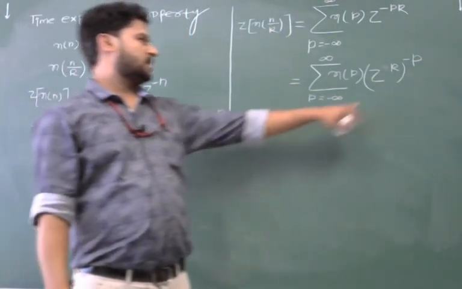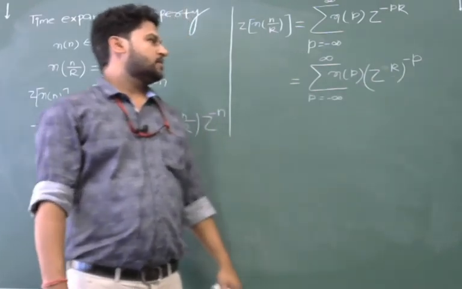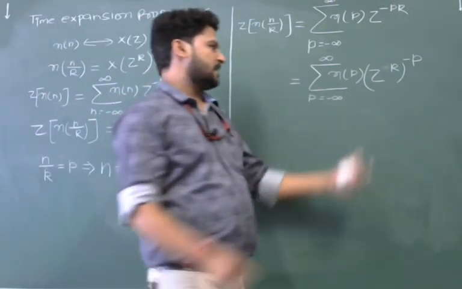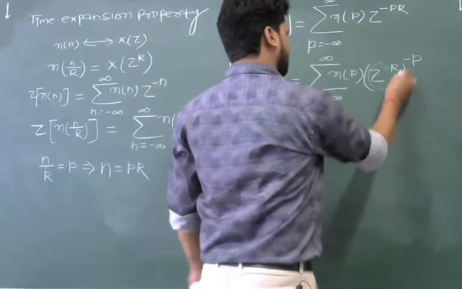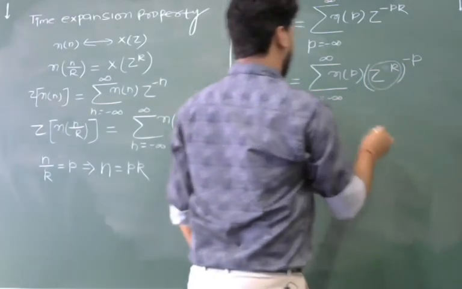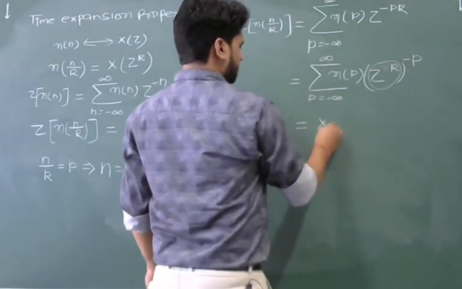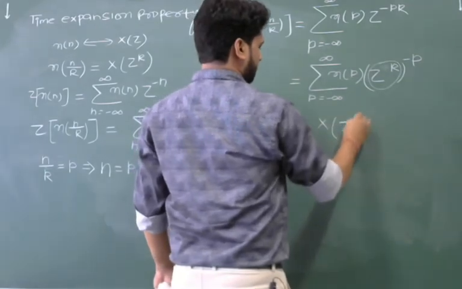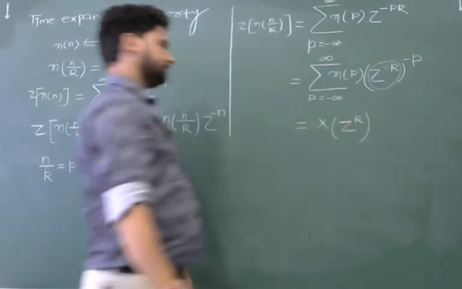This can also be written in this way. So in place of z here, it is written z power k. It means that this is x of z power k.